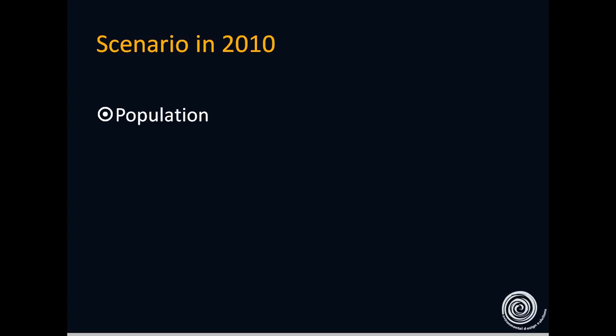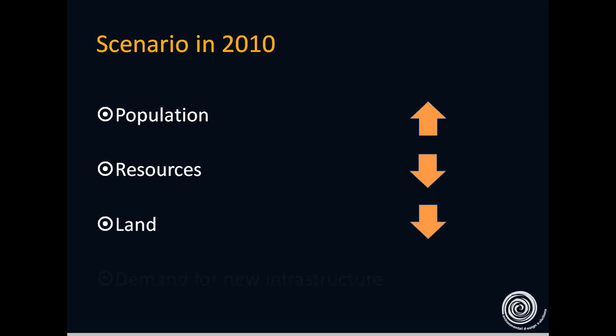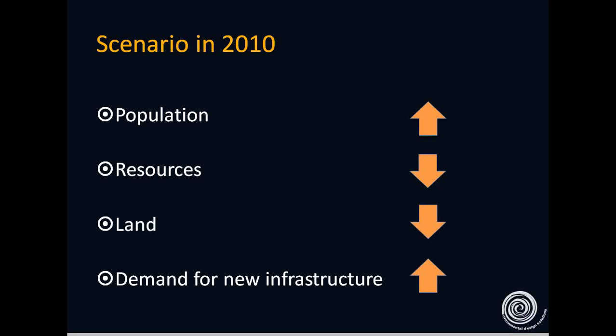The population is growing at a fast speed. Resources such as water, energy, materials are limited. There is a shortage of land, and due to population increase, the demand for new infrastructure has also increased.